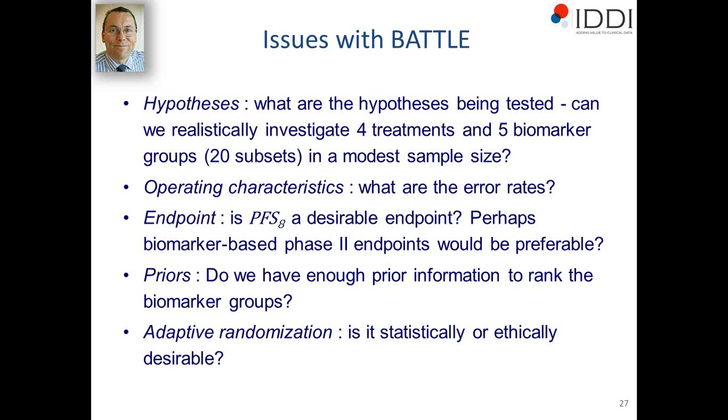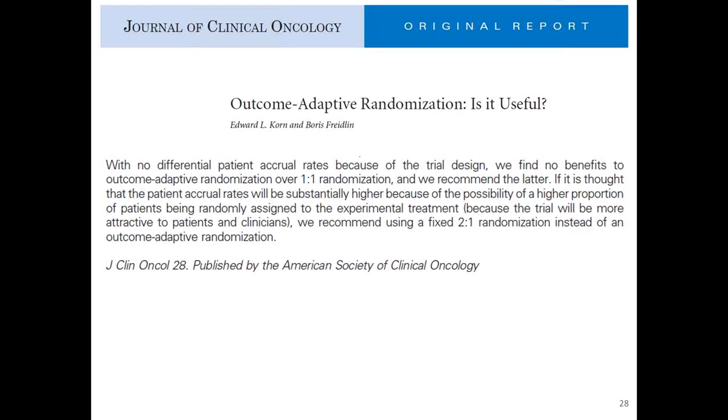And then finally, Thomas, my biggest concern about this BATTLE design is the adaptive randomization. Is it statistically or ethically desirable to have adaptive randomization? I personally don't think so, and I'm not the only statistician to think that.